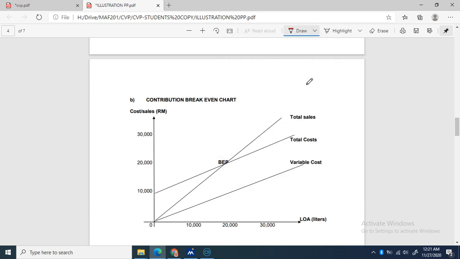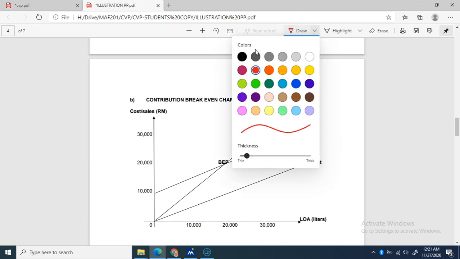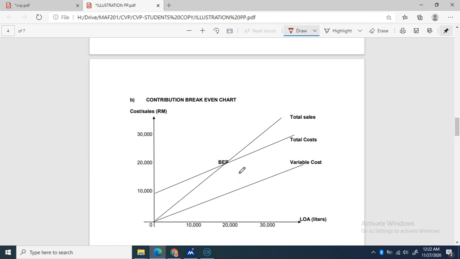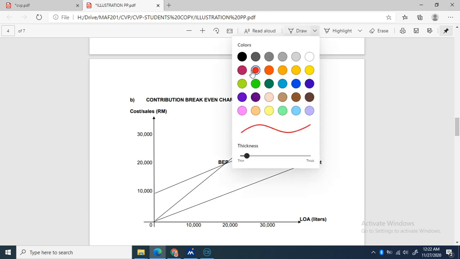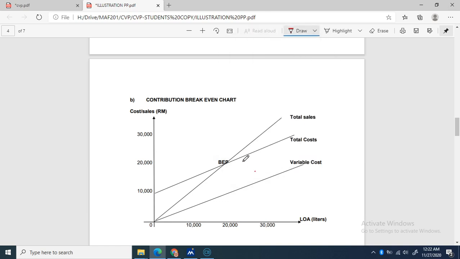Under the contribution break-even chart, the lines that we have to draw are the total sales line, the total cost line and the variable cost line.